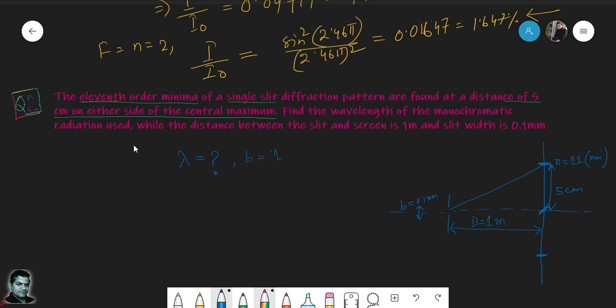Slit width 0.1 millimeter, distance between the slit and screen 1 meter, lambda is equal to what, and single slit diffraction pattern. So the condition for minima for the single slit is B sine theta is equal to n lambda. So from here lambda is equal to B sine theta by n.